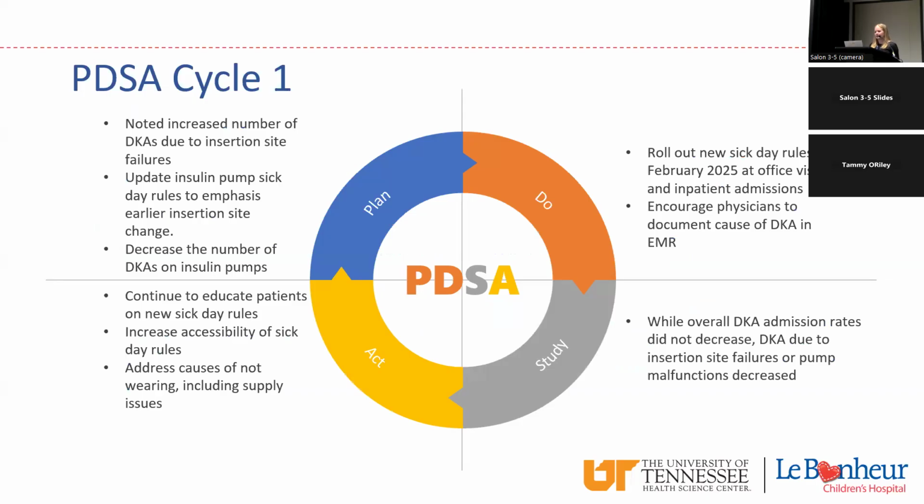When we look at the study, while overall DKA admission rates did not decrease, DKA due to insertion site failures or pump malfunctions did decrease. We want to continue to educate our patients on the new sick day rules, increase the accessibility of those sick day rules, and address other causes of DKA, such as not wearing the pump or supply issues.